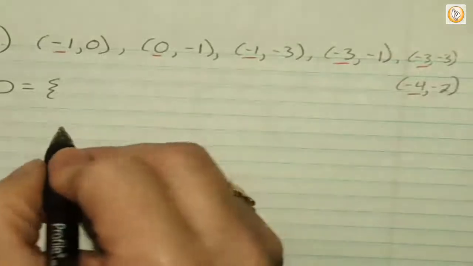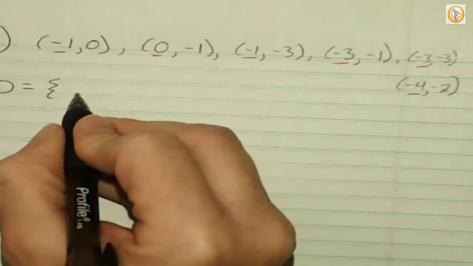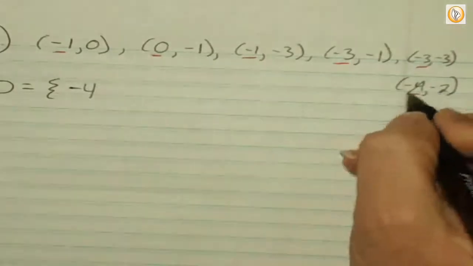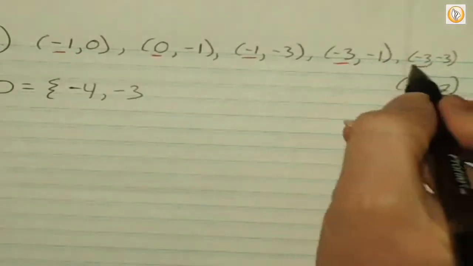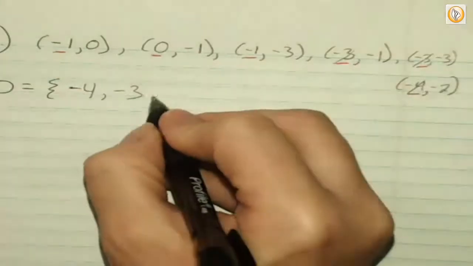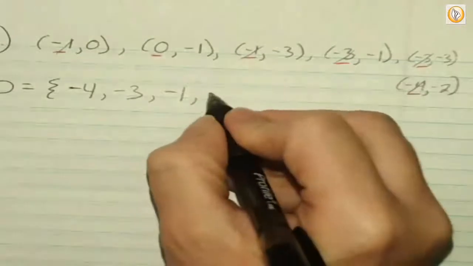What do I have first? -4 is first. -3. Do I have 2 -3s? Do I write it twice? No. Now what? -1. There are no repeats in the domain.